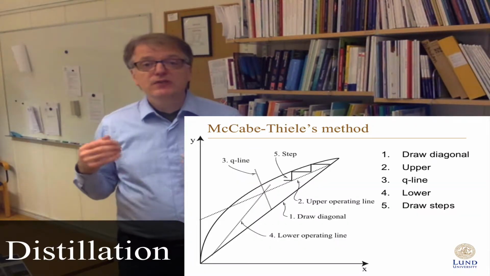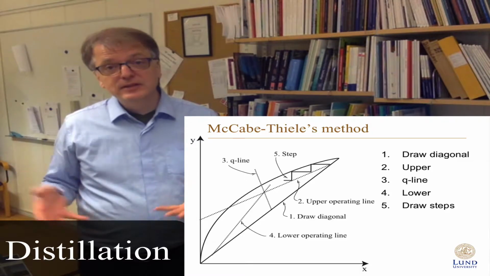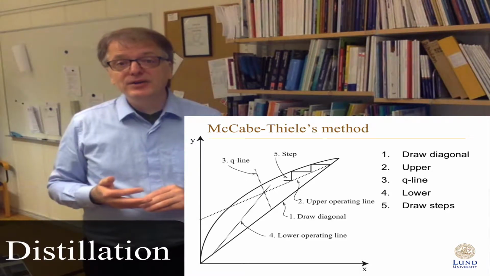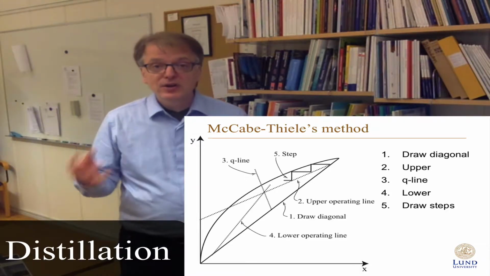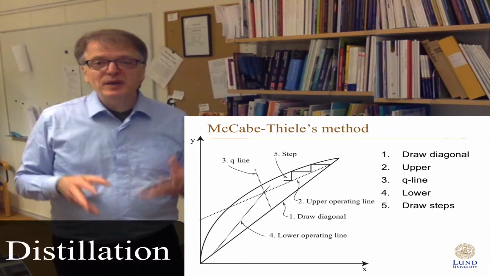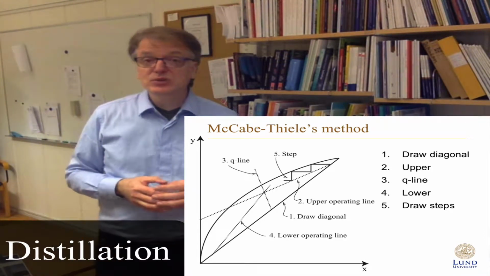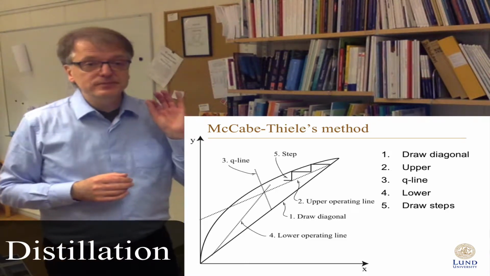Next, we looked into distillation, and we learned how to use McCabe-Thiele's graphical method for solving distillation problems involving binary systems. There were a number of assumptions behind that, and those assumptions you should know at the exam.